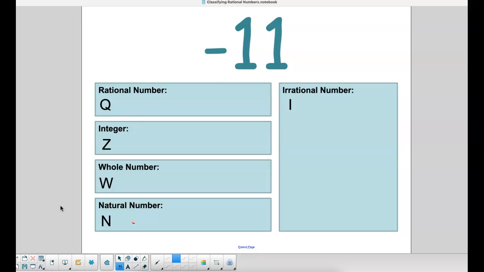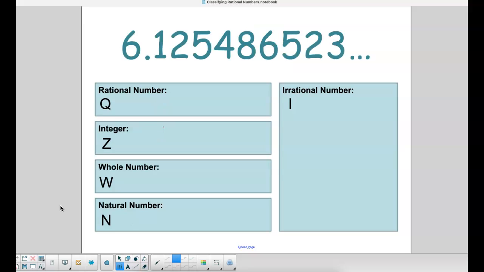So if it's not natural, is it a whole number? No, whole numbers can't have negatives. Whole numbers start at 0. Is it an integer? Yes. And if it's an integer, it's also rational. I could write that as a fraction, negative 11 over 1. So fix that if you needed to.